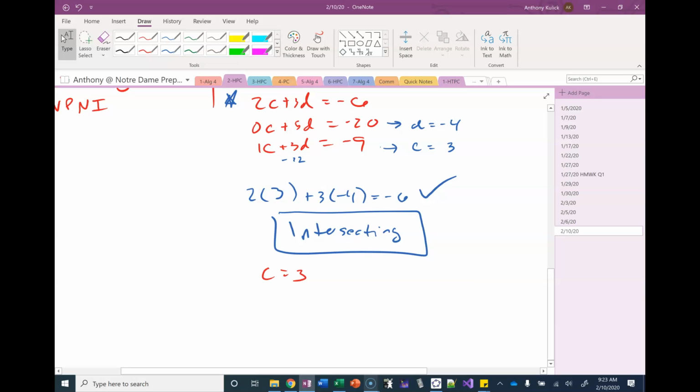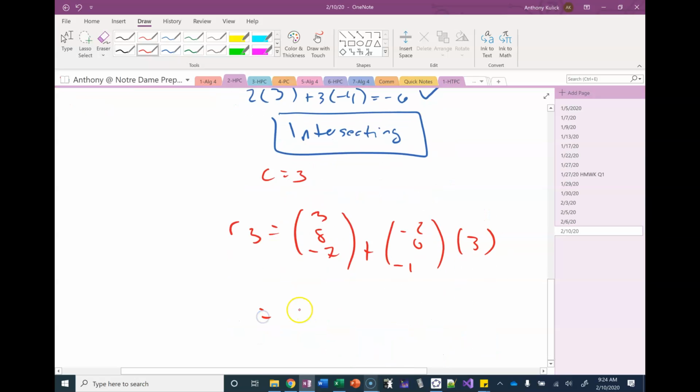There it is. So I have R3 equals 3, 8, negative 7 plus negative 2, 0, negative 1 times 3. So if I do that, I get the point then, negative 3, 8, and then negative 10.